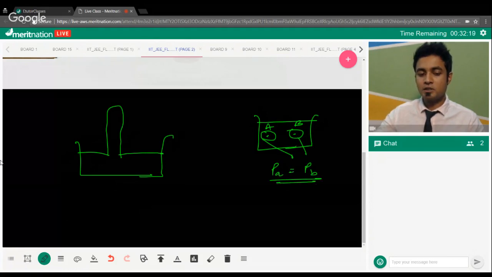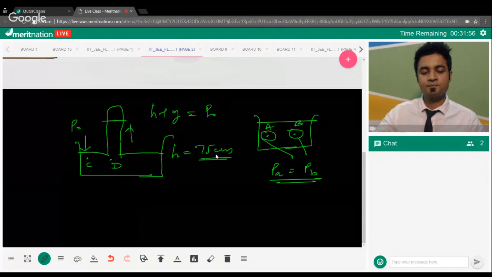That's why in the barometer the mercury rises, because the pressure at C and the pressure at D have to be equal, and here the pressure is almost P naught, so this liquid has to rise to balance it, and that comes out to be H rho G equals P naught. From this you can calculate the value of H, and that comes out to be 75 centimeter of mercury column.